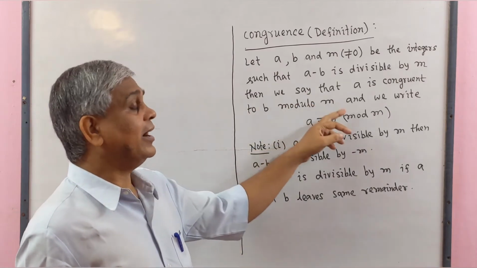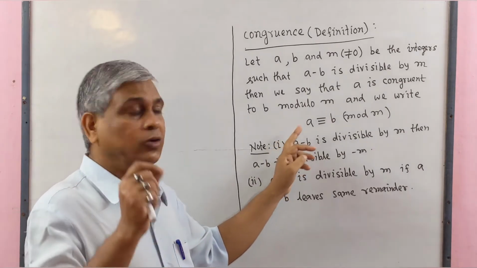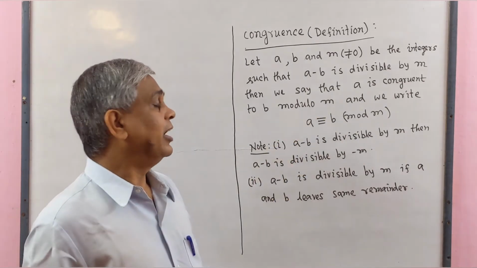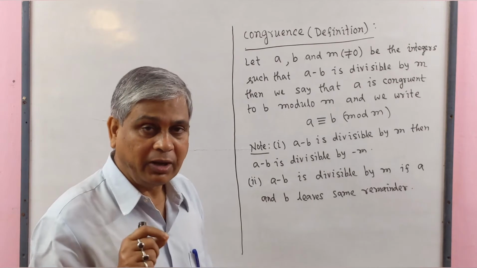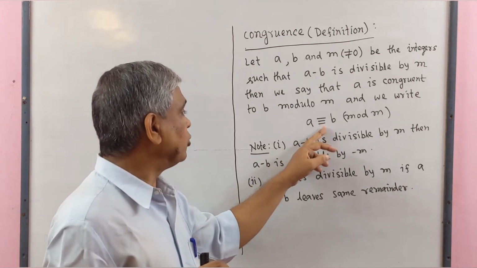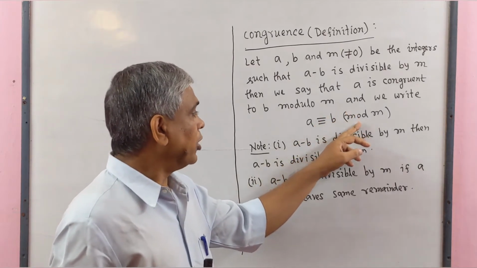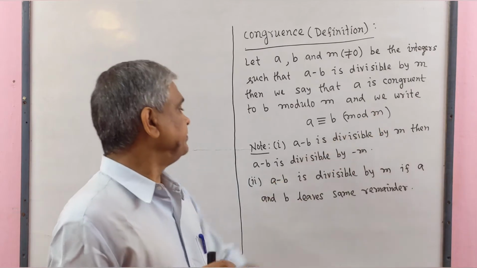Then we say that a is congruent to b modulo m, and we write it with this symbol, which is the symbol of congruence: a ≡ b (mod m), where mod m means modulo m.